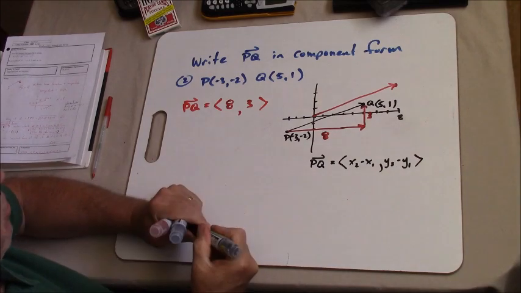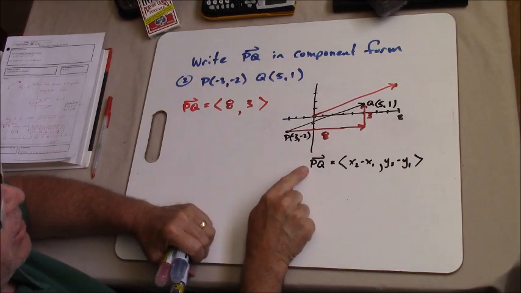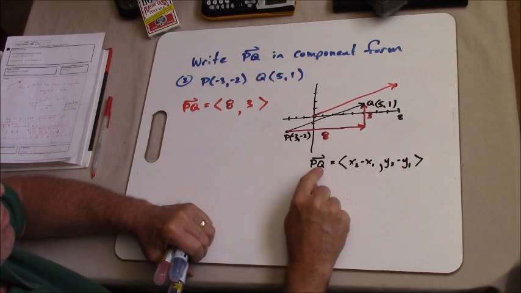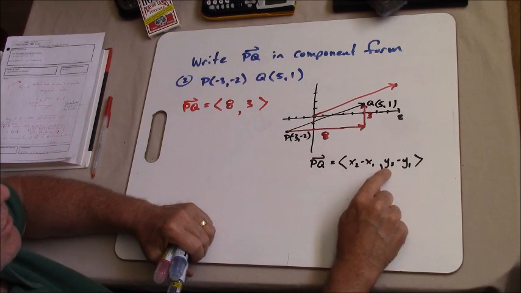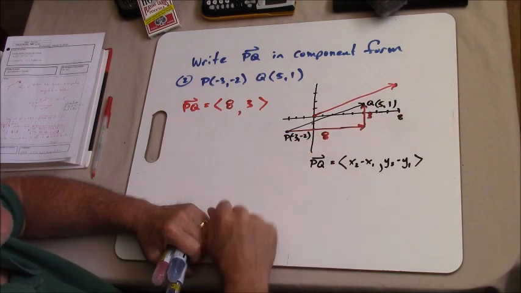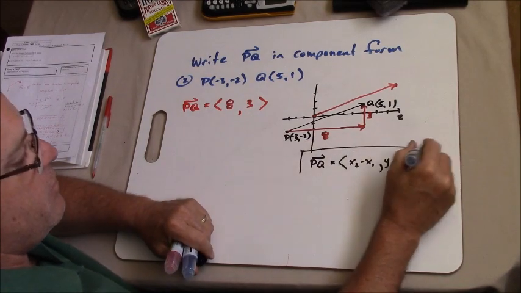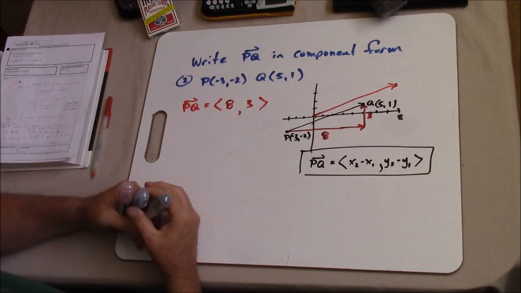And it is important to know where you start and where you go to. The point P is x1 comma y1. The point that you go to, that the arrow's at, is your x2 comma y2 point. So you want where you end minus where you began. And if you just do this right here, you could do this whole problem without drawing a picture.